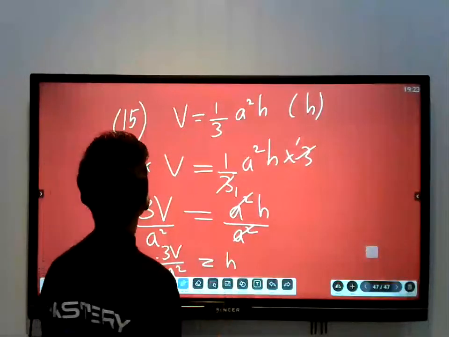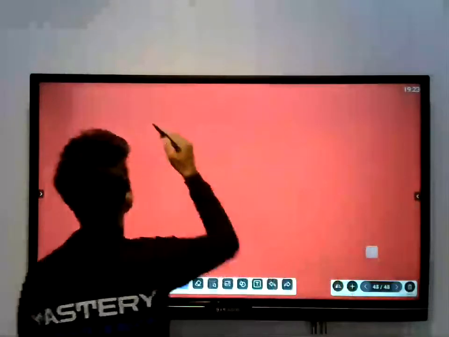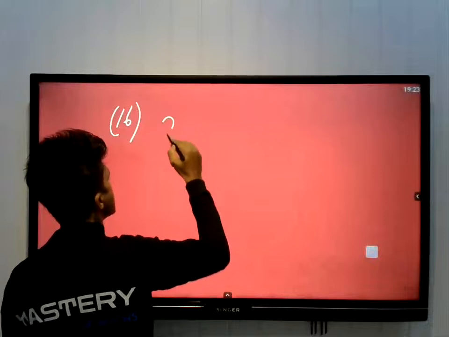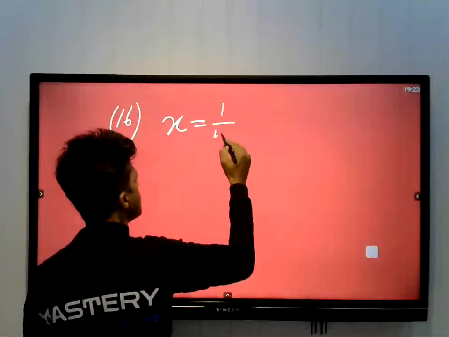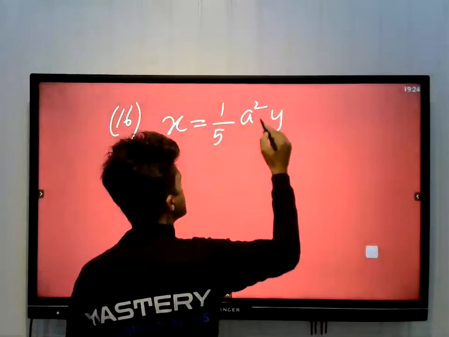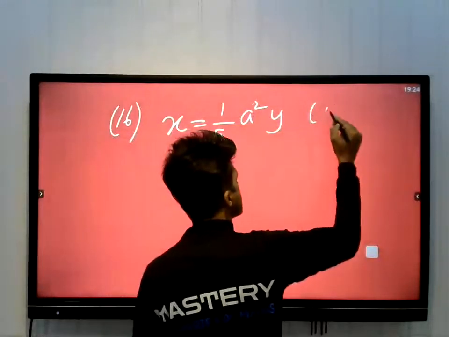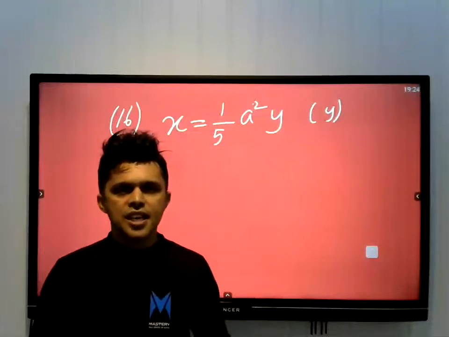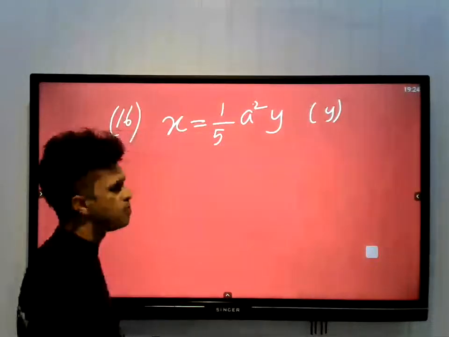Let's do another one, the same type of one. x equals 1/5 a squared h. Let's write the term h as the subject. How can you write this as the subject?